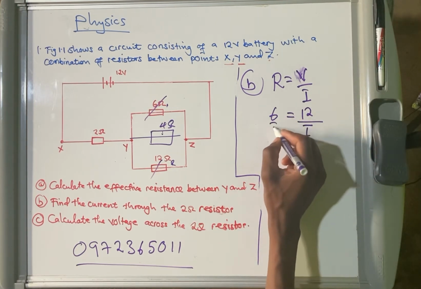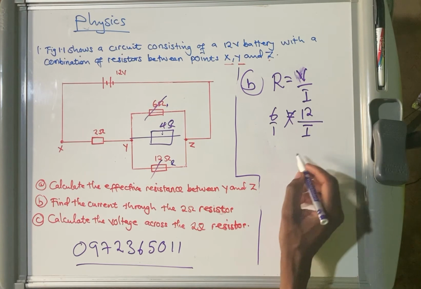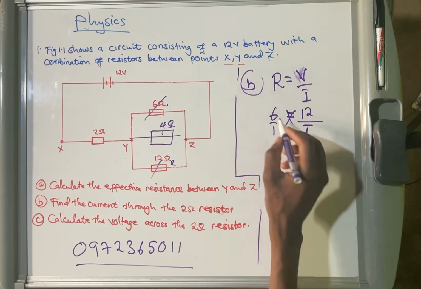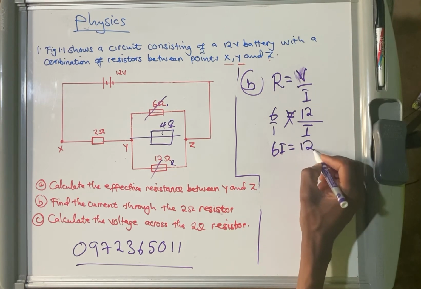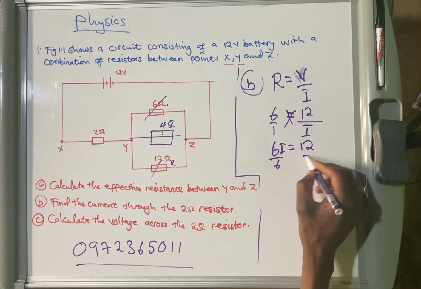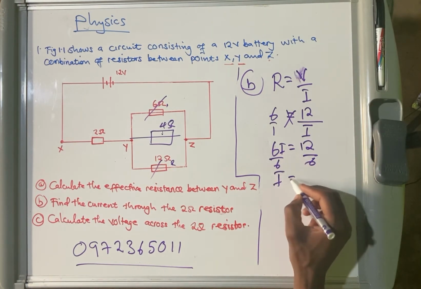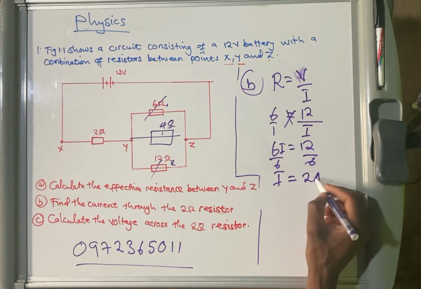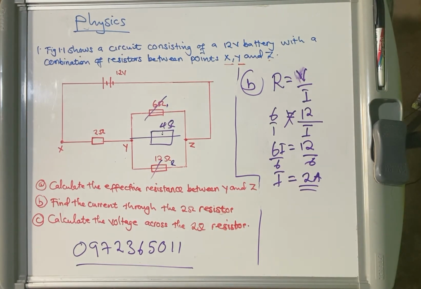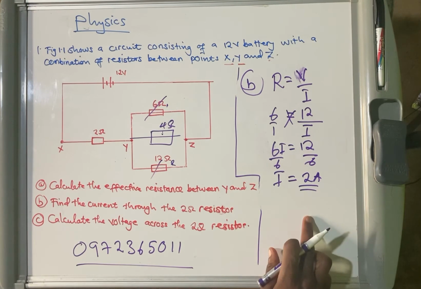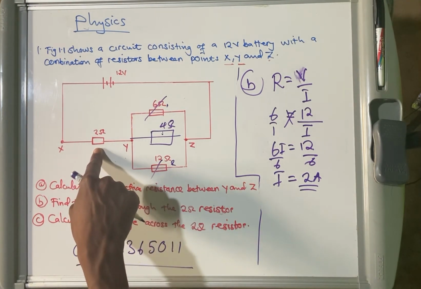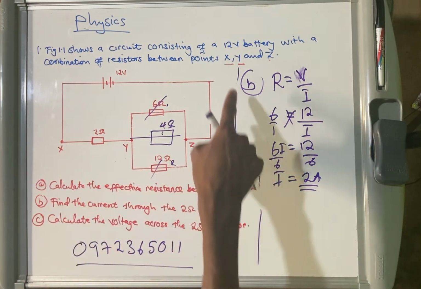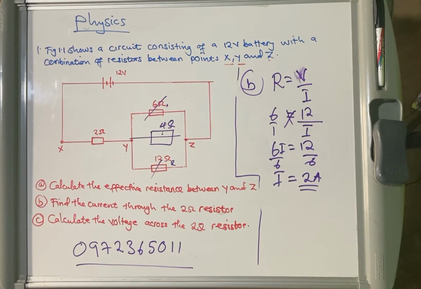Cross multiply: current times 6, we have 6 current, which equals 12. Divide by 6, divide by 6, current equals 2 amps. So this is the total current, which is the same as the current passing through the 2 ohms, because current in series connection is the same at all the points. Okay, good.